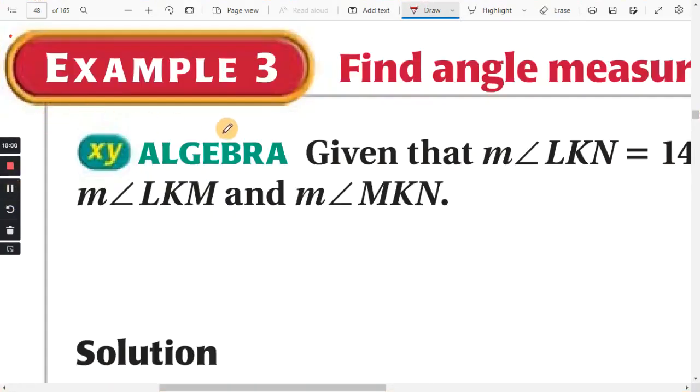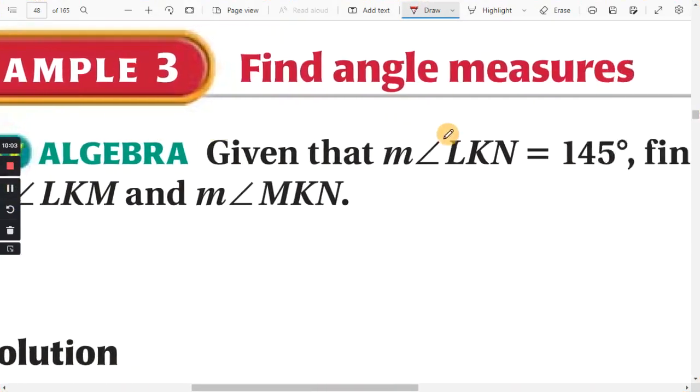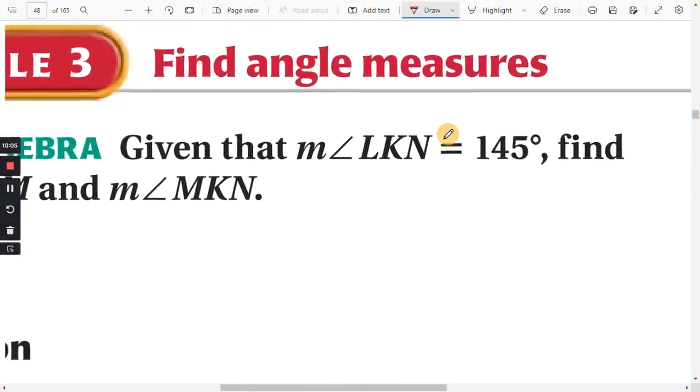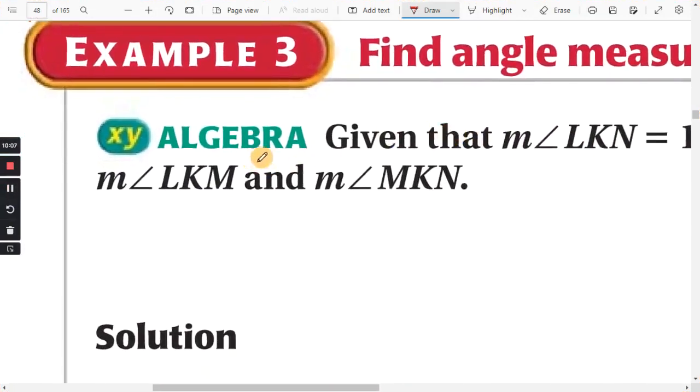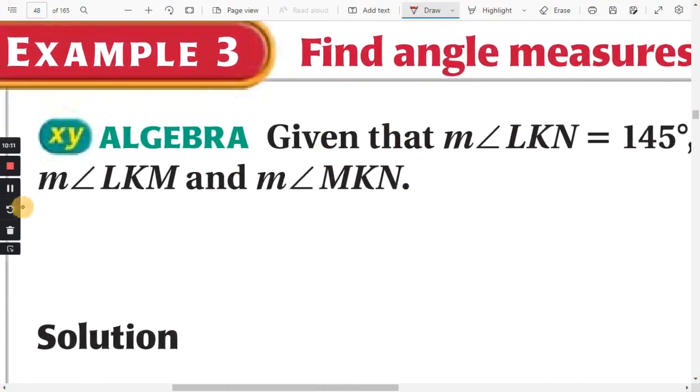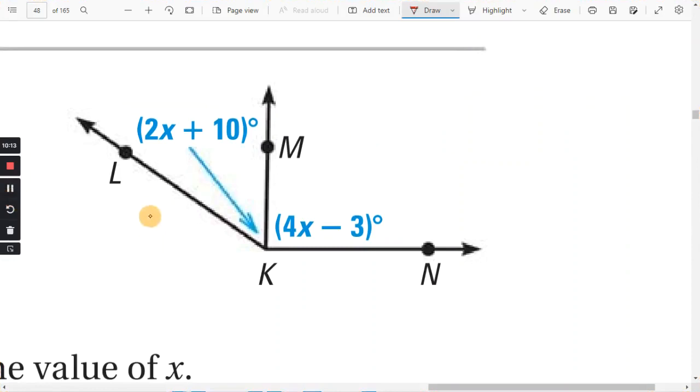Okay, example 3. Given that the measure of LKN is 145, find the measure of LKM and MKN. Let's take a look. LKN is 145. Let's label that. So LKN is this whole thing right here. Okay, it said it's 145.